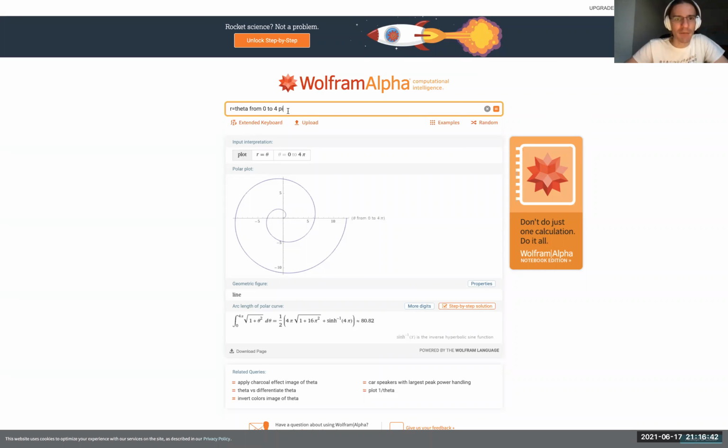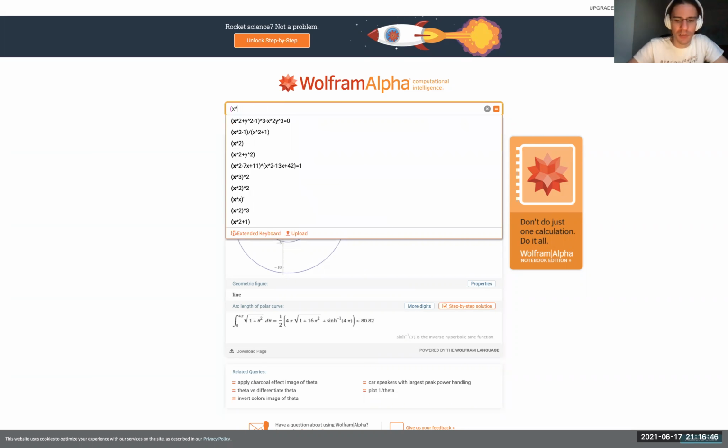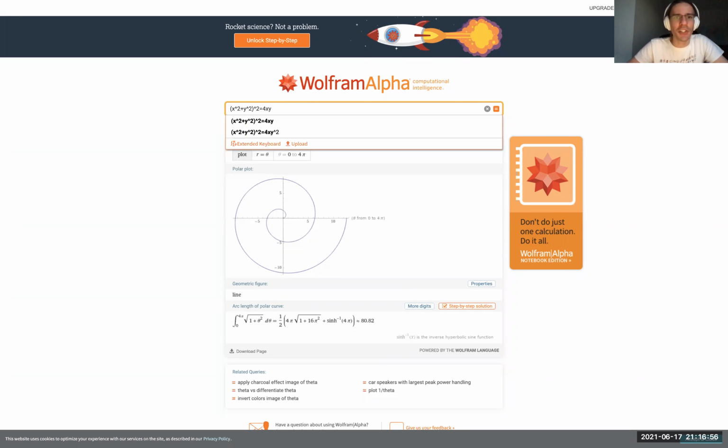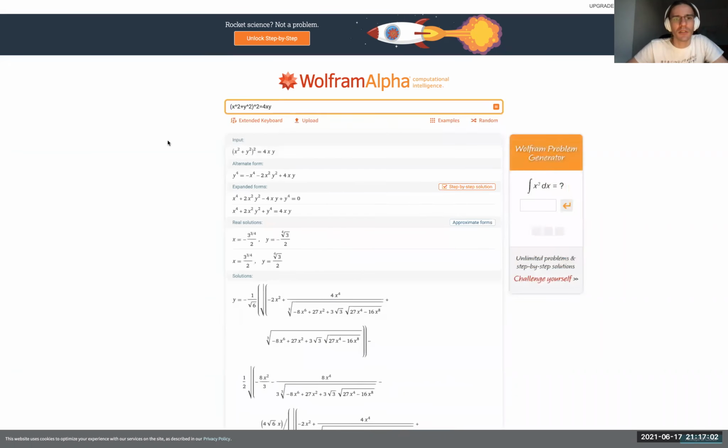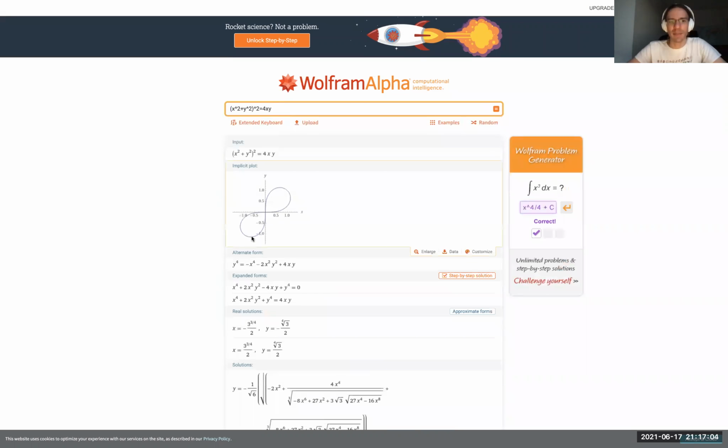So let's look at the function that I had before in terms of Cartesian coordinates, x squared plus y squared squared equals 4xy. This is the Cartesian coordinate plot, and I get the figure that I drew before. Now let's check that we got the right plot for polar coordinates.